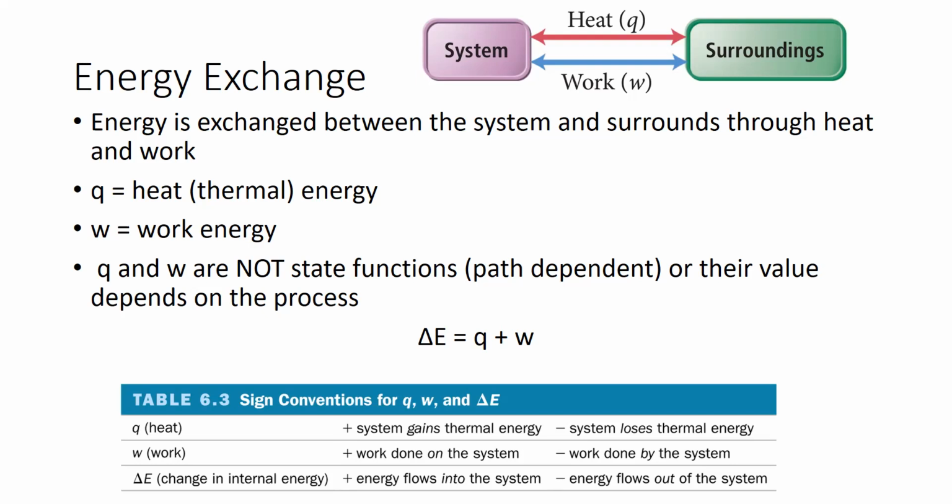That's why work is not a state function, because it is based on distance. The beginning and end points of my two examples are the same. I can draw that out in case you have a hard time visualizing. Path one, I start down here and go up here.